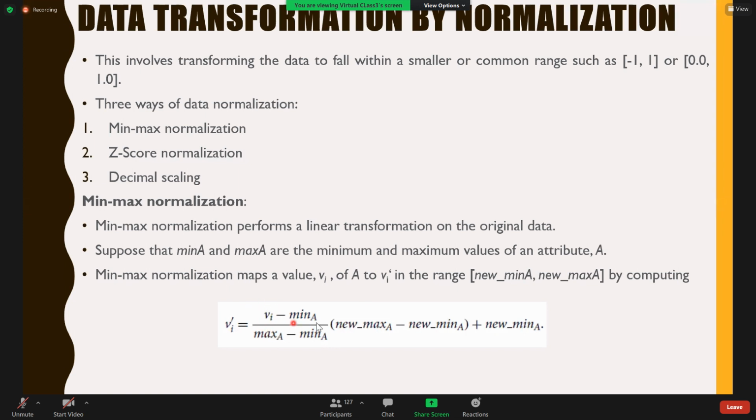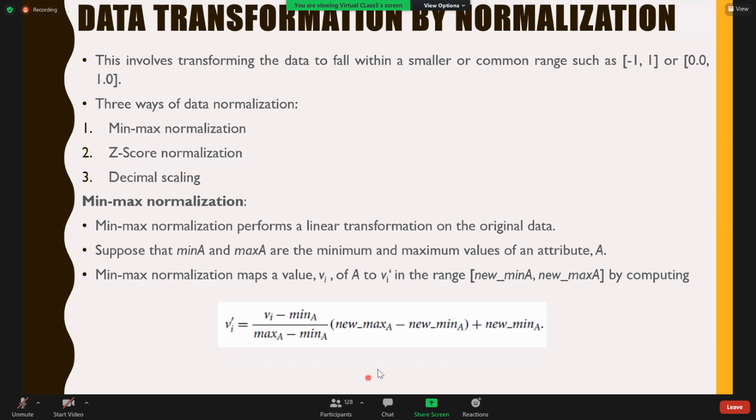So Vi minus the minimum value, divided by the difference between maximum and minimum, and next, multiplied by new max minus new min. The new range may be -1 to +1 or 0.0 to +1, so whatever the new maximum and new minimum are, that will be considered, plus the new minimum. If you apply this, then the actual Vi will be transformed to Vi dash.